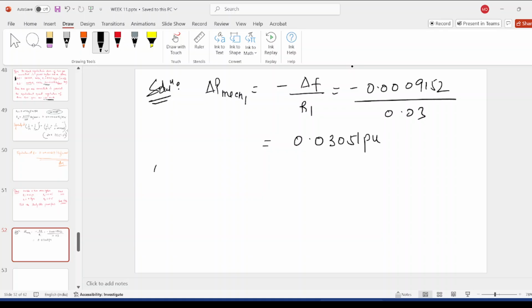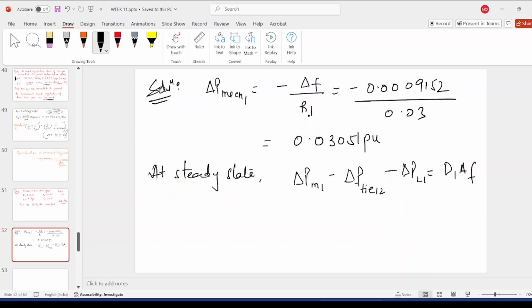And at the steady state, del P max 1 minus del P tie line 1-2 minus del PL1 is equal to D1 del F. This is the equation we already solved by using the transfer functions in the previous lecture.